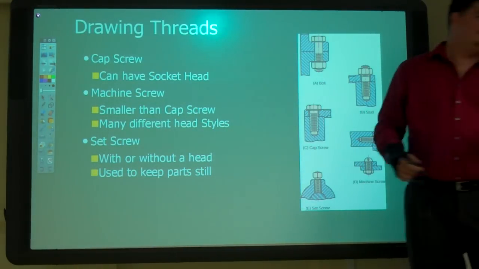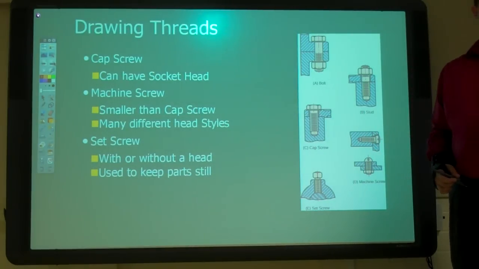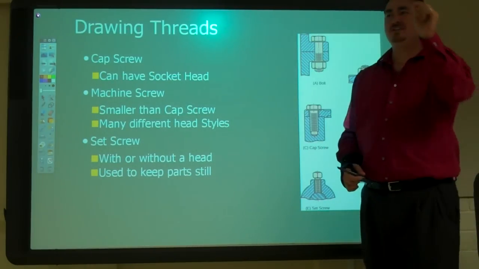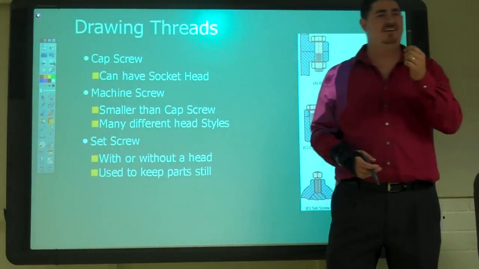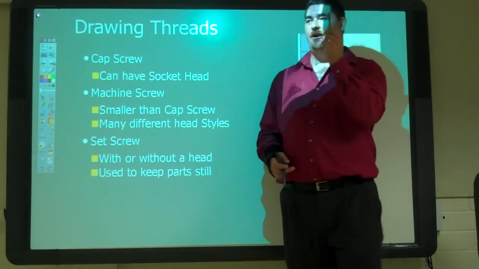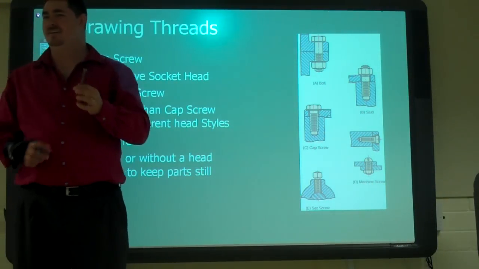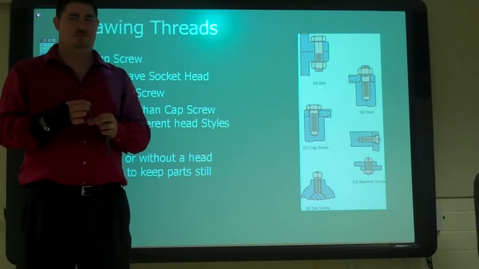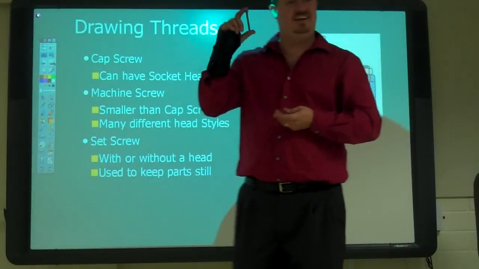So the next one. Now what is this? It's a machine screw. Bolts are big. Machine screws are small. I don't know where the cutoff is, but somewhere around an inch. You can get machine screws up to about half an inch or an inch.